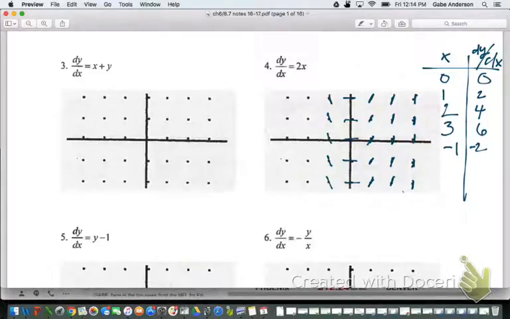Like that. When x is -2, slope is -4. Maybe something like that. And finally, when x is -3, slope is -6. So it's going to be, again, almost reaching a vertical slope. At least it's going to look that way. Maybe something like that.